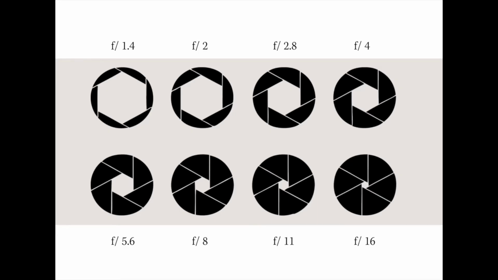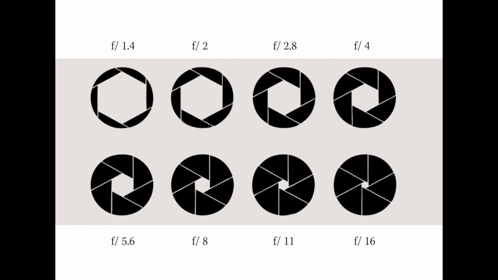Okay, now that we know that aperture is located in the lens, let's look at this pretty graphic of aperture. The smaller the number, the wider the aperture, the hole is bigger, and the blurrier the background will be.